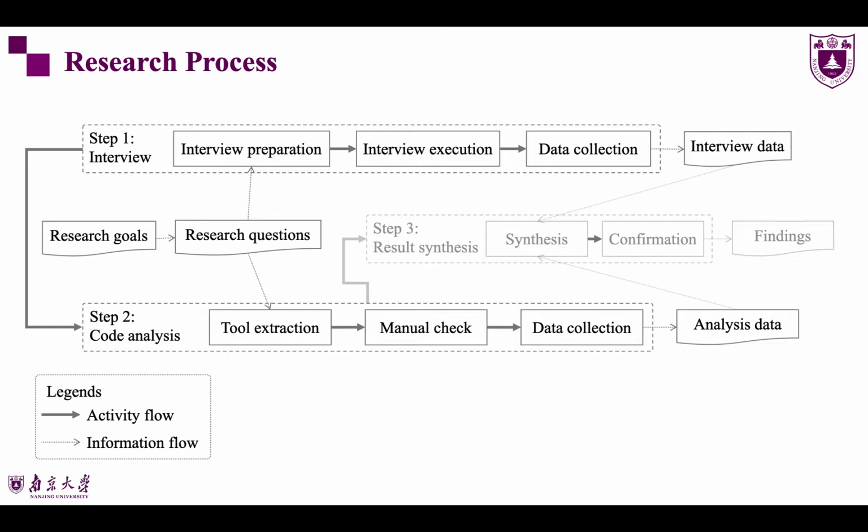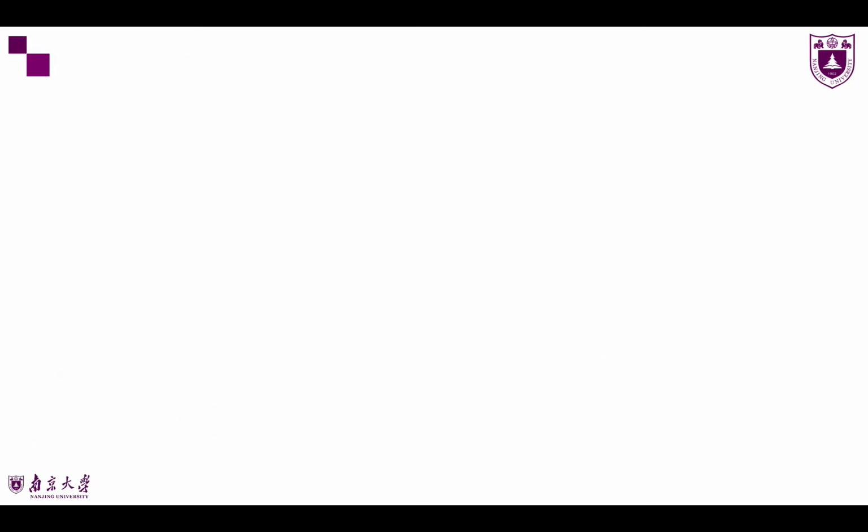With the results from the previous two steps, we conducted a mutual verification by comparing the two sources of evidence to examine how developers' I&C are reflected in their code. To increase the credibility of the results and to explore the reasons behind, we finally conducted follow-up interviews.